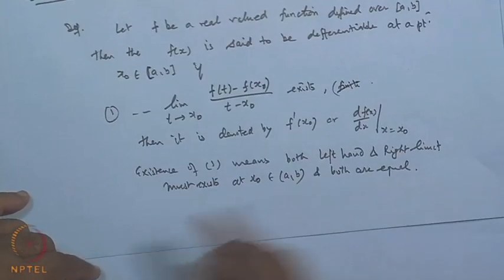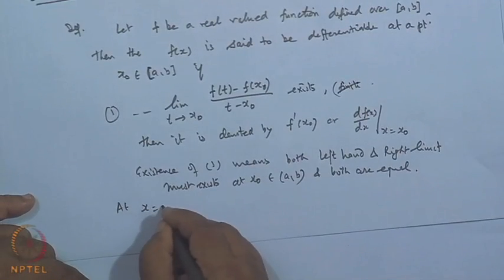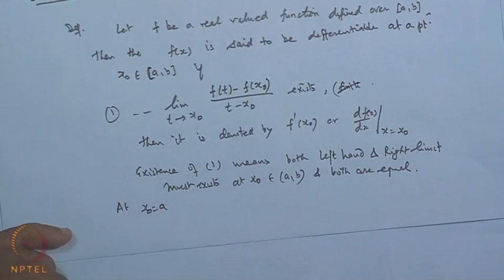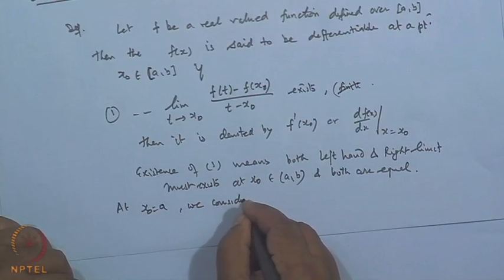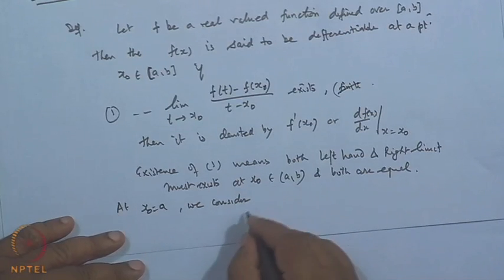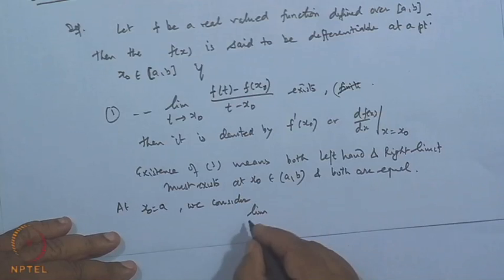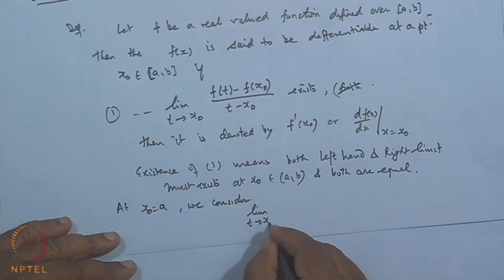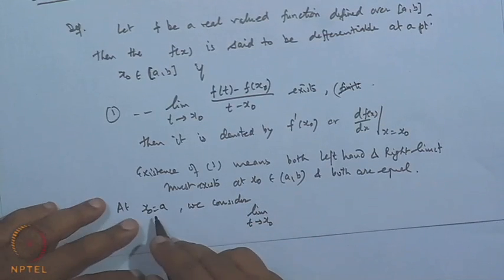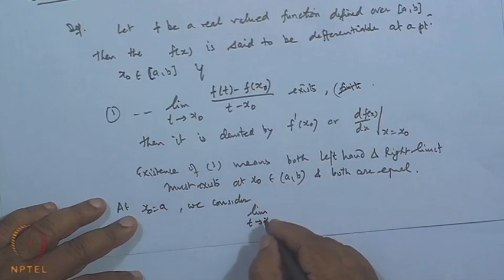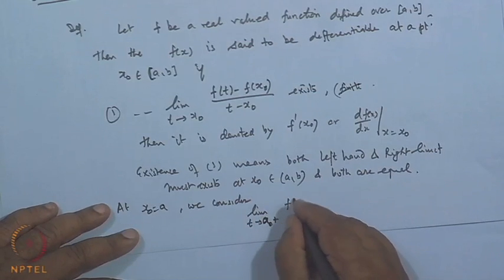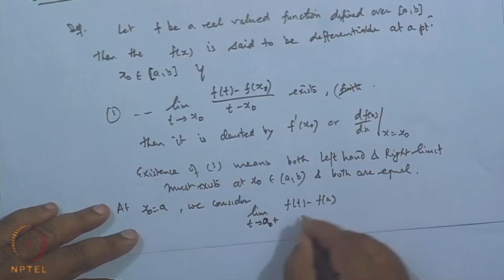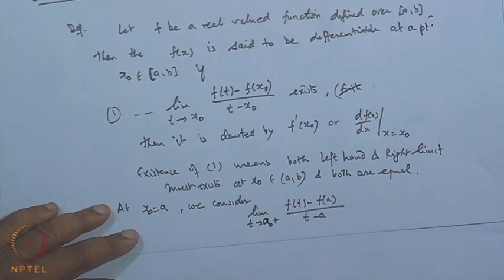At the corner point x naught equal to a, we consider only the right hand limit, that is, the limit as t tends to a plus of f(t) minus f(a) over t minus a.